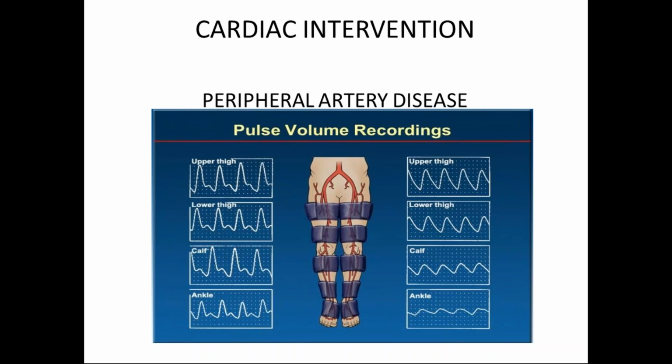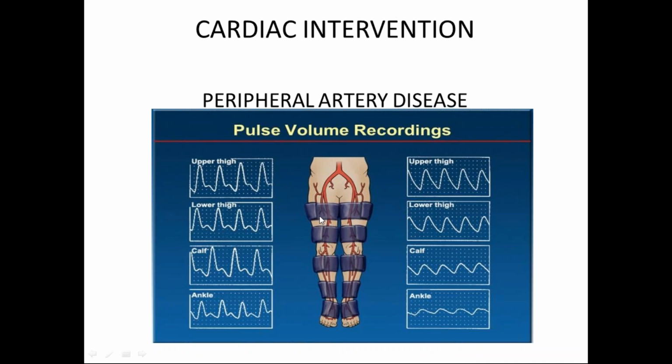All right, so again, you're going to have your cuffs. Sometimes you will just use one in the thigh, one in the upper leg, and then the ankle. Sometimes we just have three, but you might have four. So you have an upper thigh, a lower thigh, the calf, and the ankle.